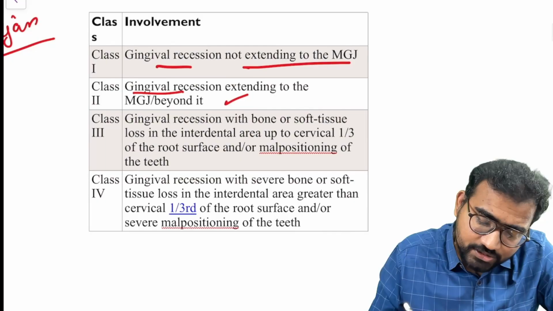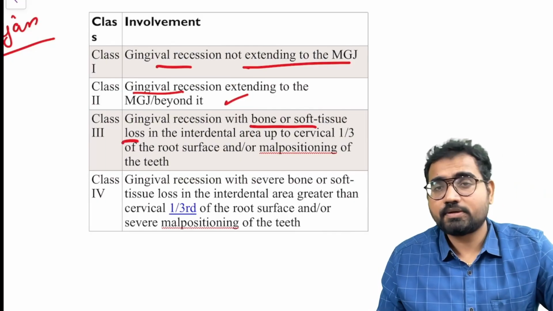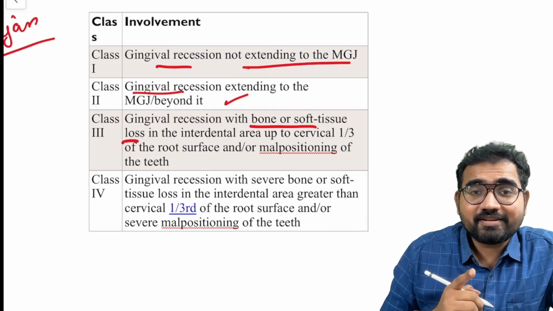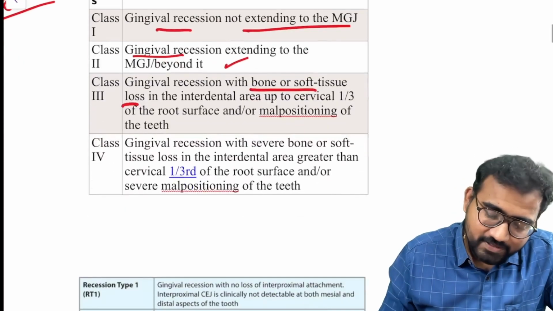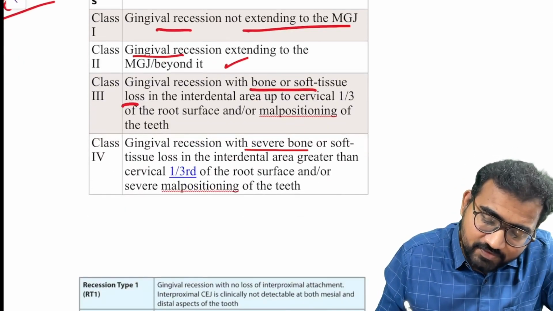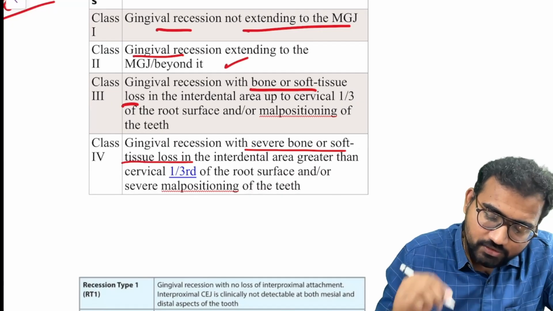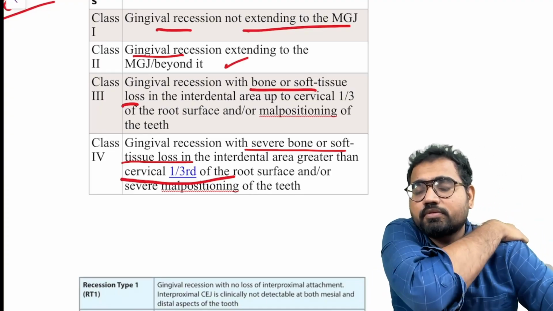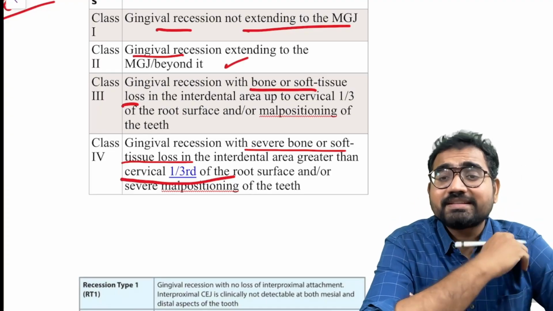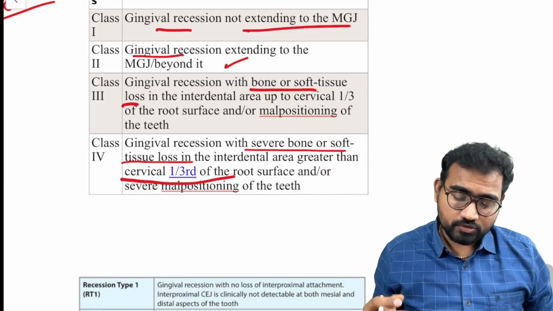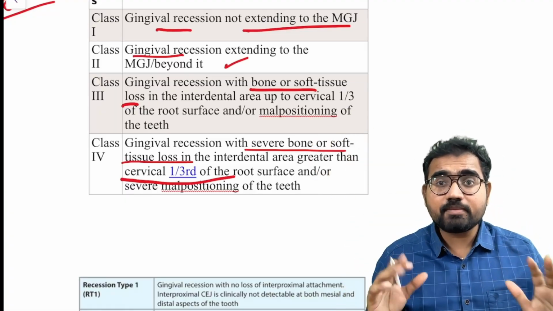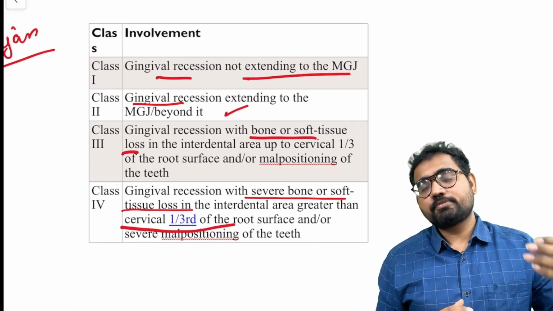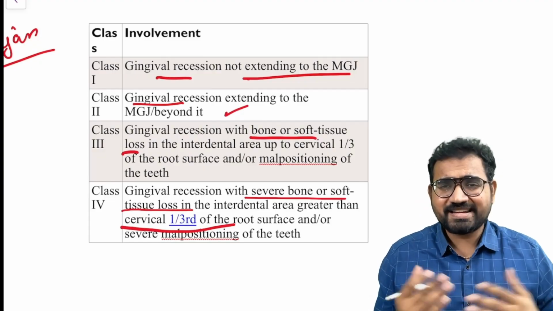Class 3: recession with bone or soft tissue loss in the interdental area up to the cervical third and/or malposition. Class 4: recession with severe bone loss and severe soft tissue loss greater than the cervical 1/3 of the root surface, and also severe malpositioning of the tooth. This classification was given by Mahajan, which is a slight modification of Miller.